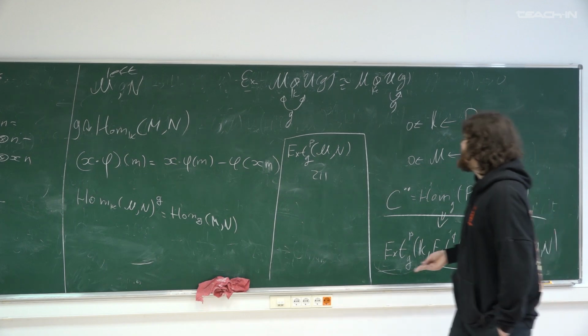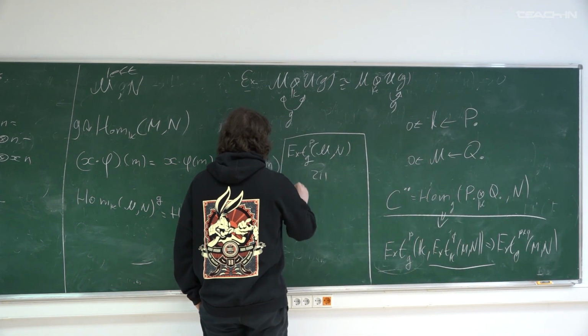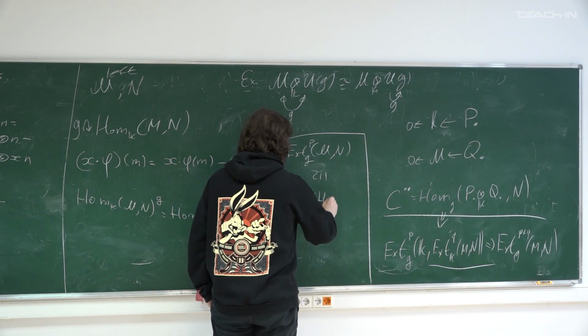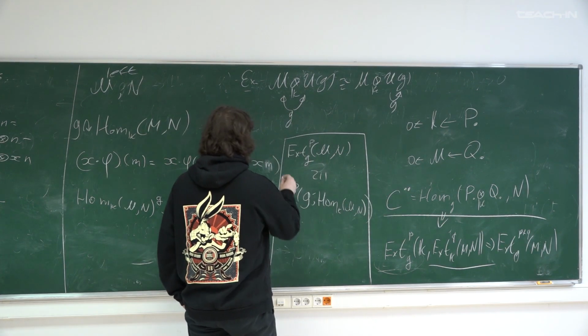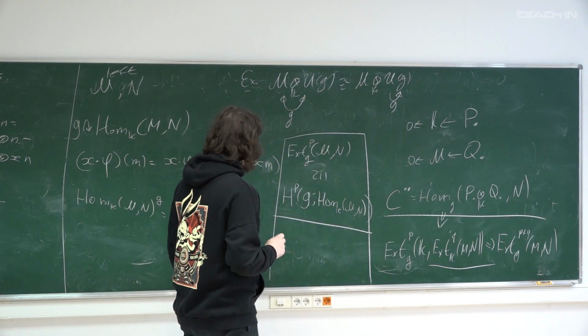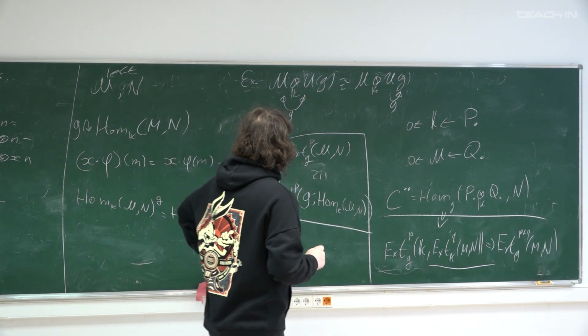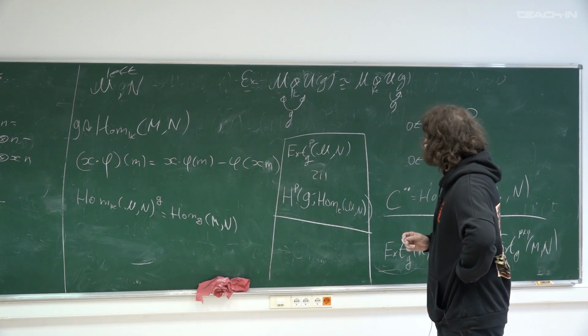It's the same thing as homology. So we obtain that this is isomorphic to cohomology with coefficients in this Hom module. It's an important observation. We will use it at the moment.